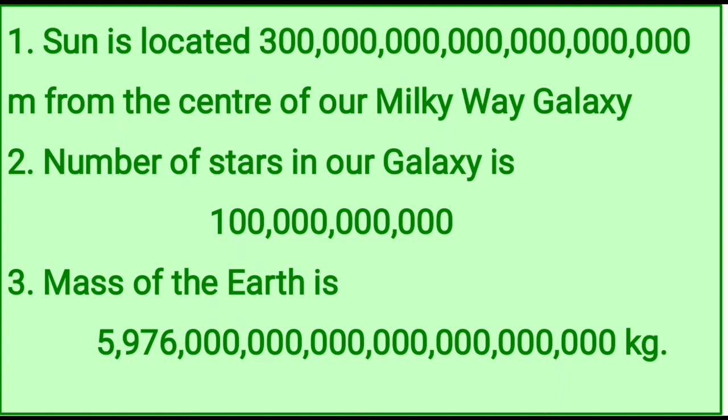Number of stars in our galaxy is this. Mass of the earth is this. So, it is not convenient to read these type of numbers. To make it convenient to read or write, we use powers or we can use standard form.